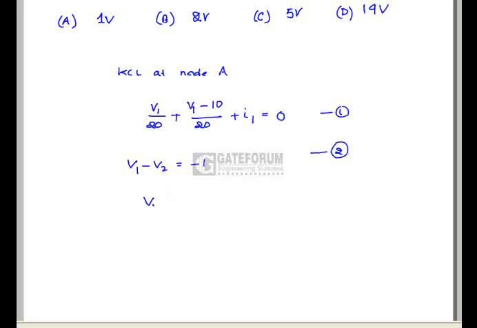Here V2 = 10 I1, this is equation 3. Here V1 - 10 I1 = -1, that is V1 = 10 I1 - 1.